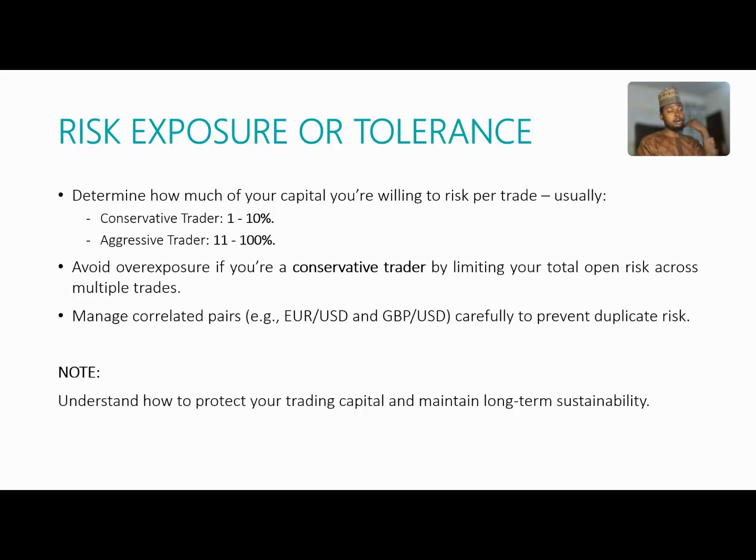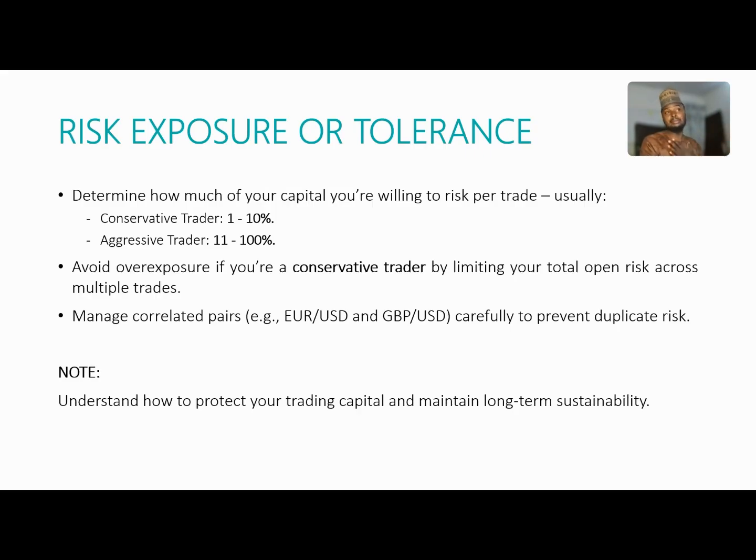But the problem with flipping is that if you hit SL, or if the trade goes against you, you are going to blow that money. You are going to lose your account. So avoid overexposure if you are a conservative trader by limiting your total open risk across multiple trades.